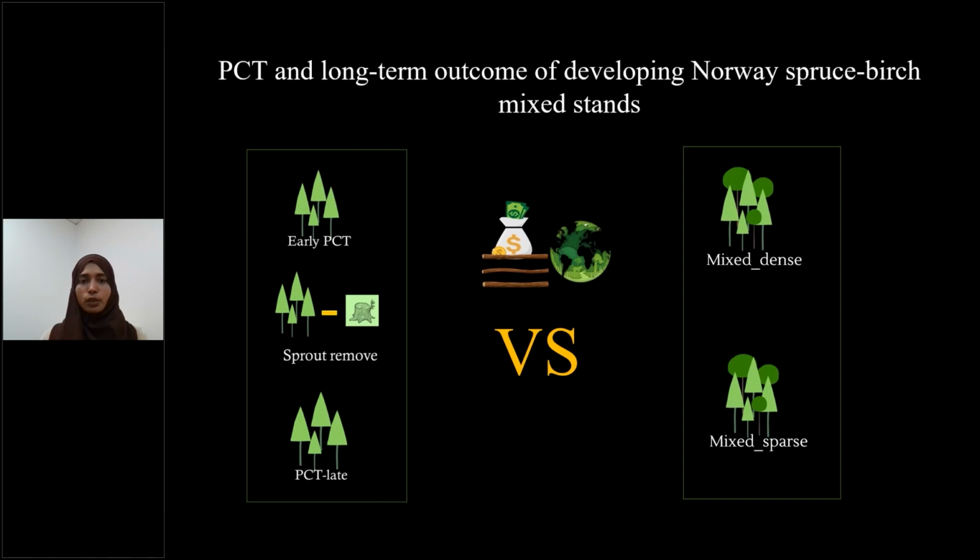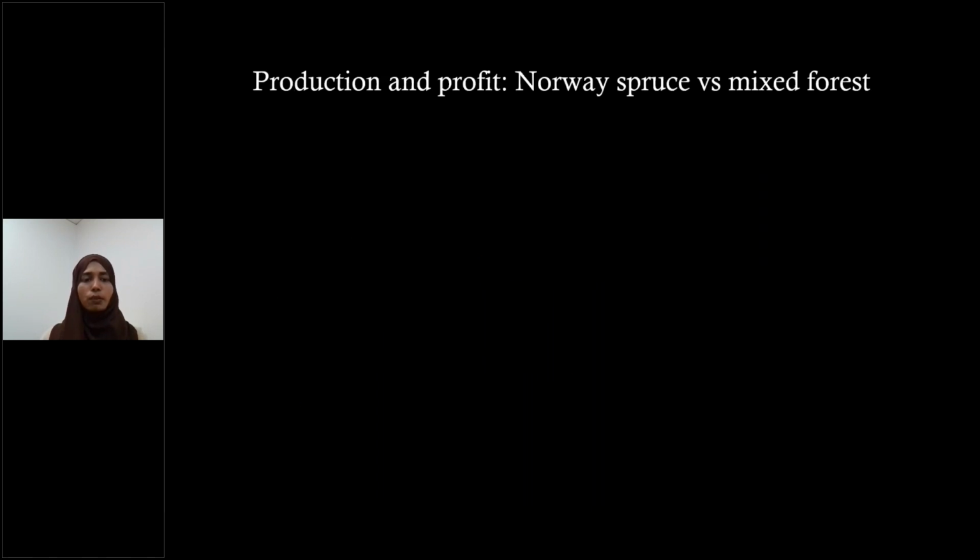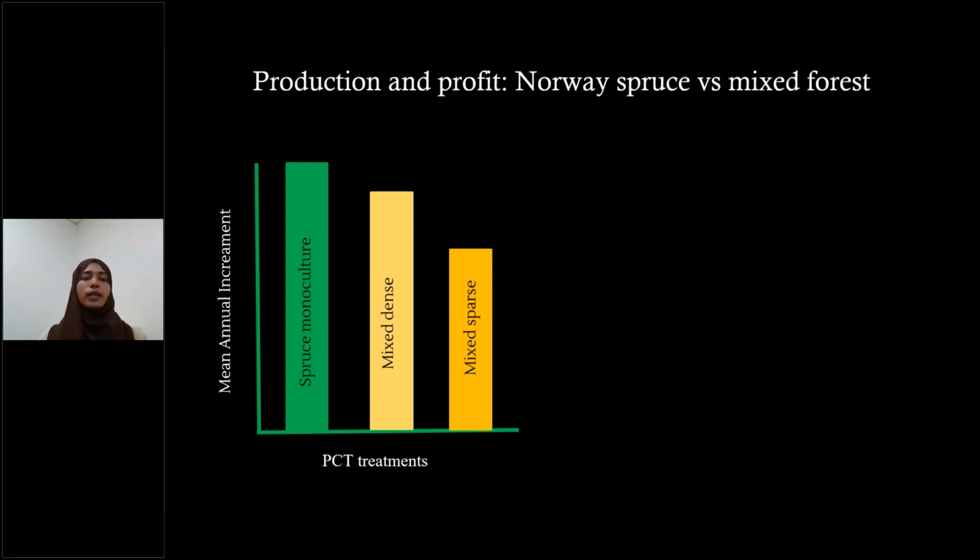So first we compare the mean annual increment, and we found that mean annual increment was always lower in mixed stand than the spruce monoculture. And that's kind of expected because of the different growth pattern of these two species.